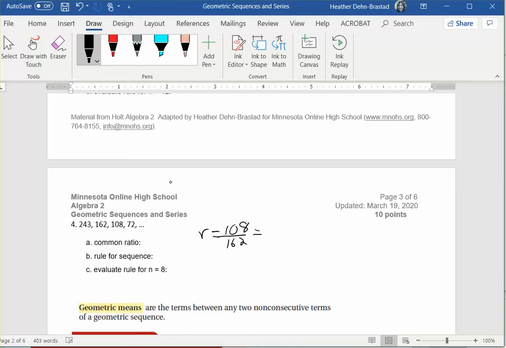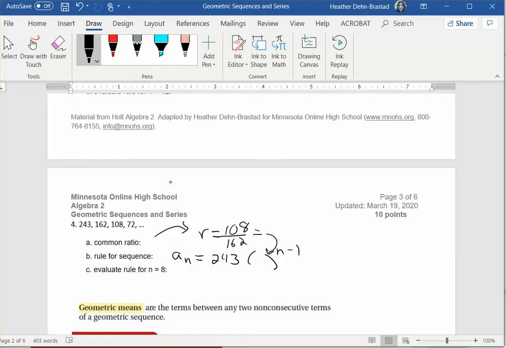That's how you'll get r for part A. And then the rule for the sequence will be a sub n is equal to a sub 1, which is 243, times r, which we'll get from here, to the n minus 1 power. So all you have to do to finish B is plug in what you get for the ratio.